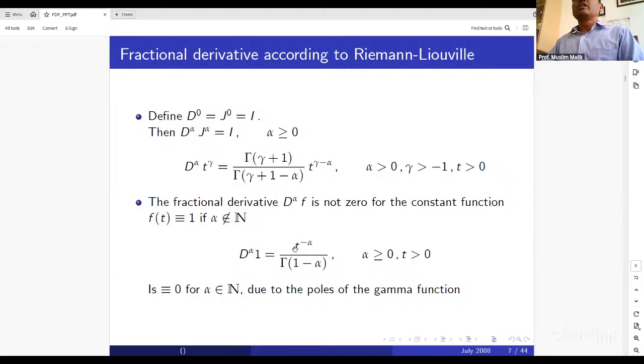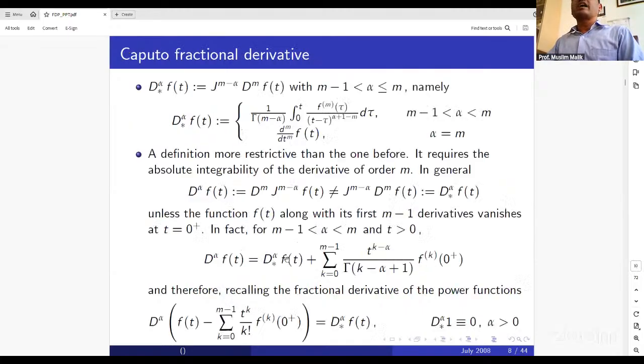So for this reason, Caputo defined another fractional derivative, and that fractional derivative satisfies both properties. Here we have D^alpha star f(t), where they just replace the fractional integral by the integer order derivative in this formula with respect to the Riemann-Liouville fractional derivative.